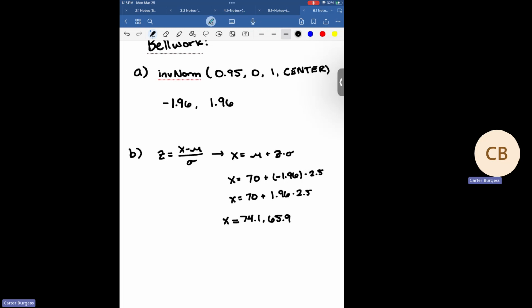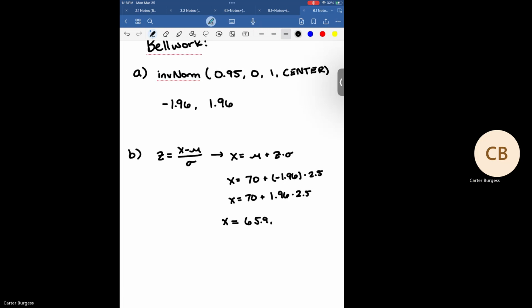So for how I have this written, I'd probably reverse the order. So this would be the lower x value, 65.9 and 74.1.